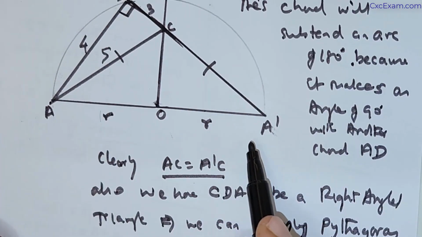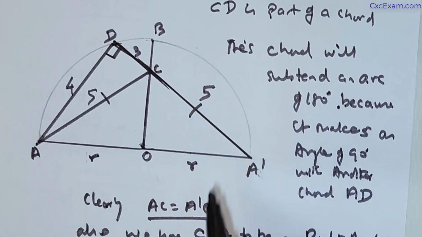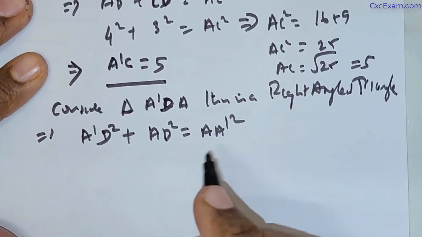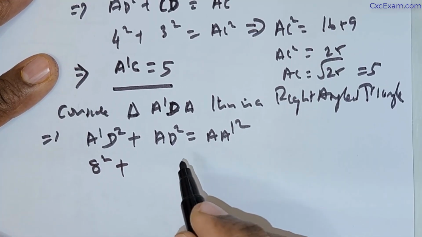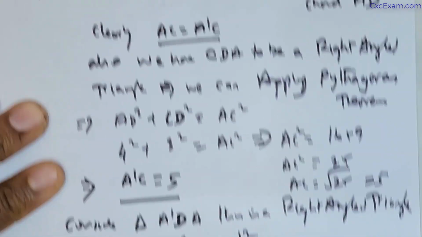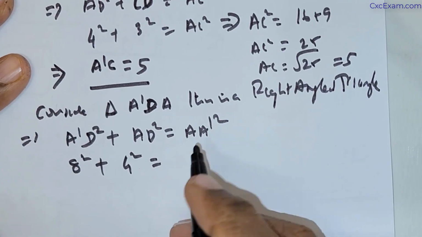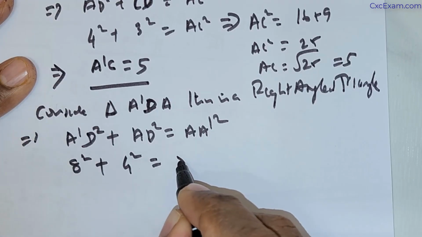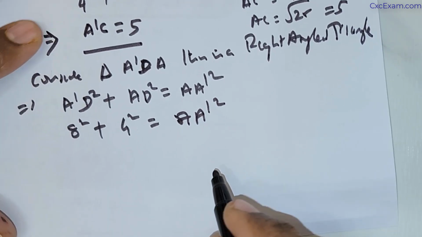We can do that, right? So this is already given to be 5 units. So A dash D is 5 plus 3, 8, squared, and AD squared is 4 squared, and AA dash squared, that is nothing but what we are looking for.